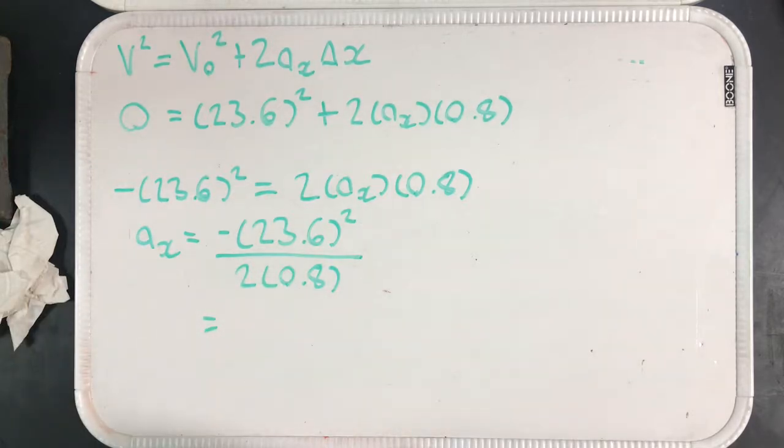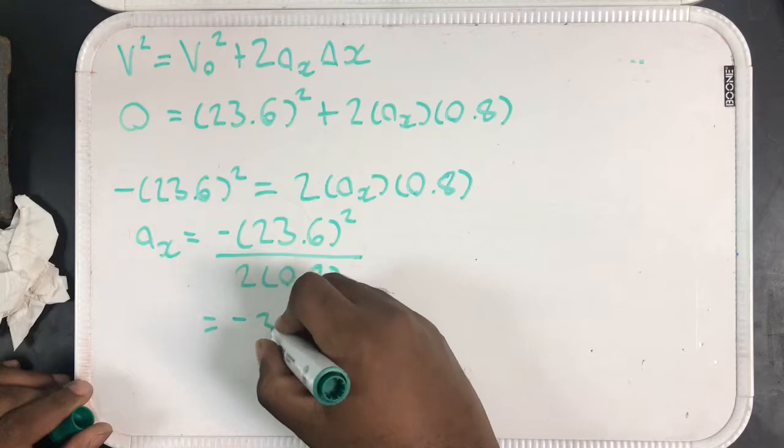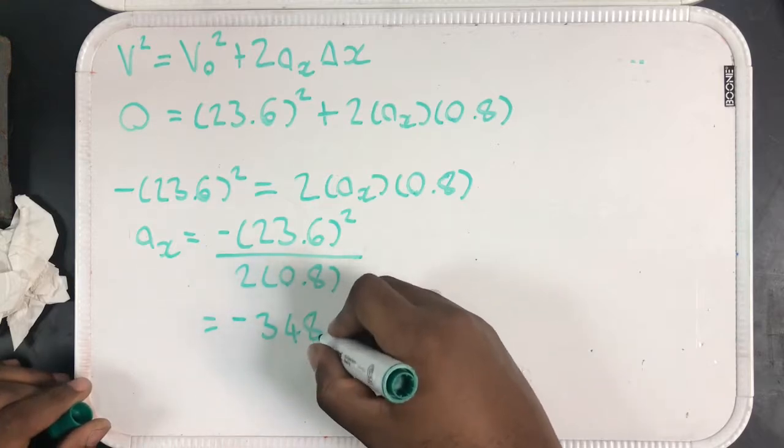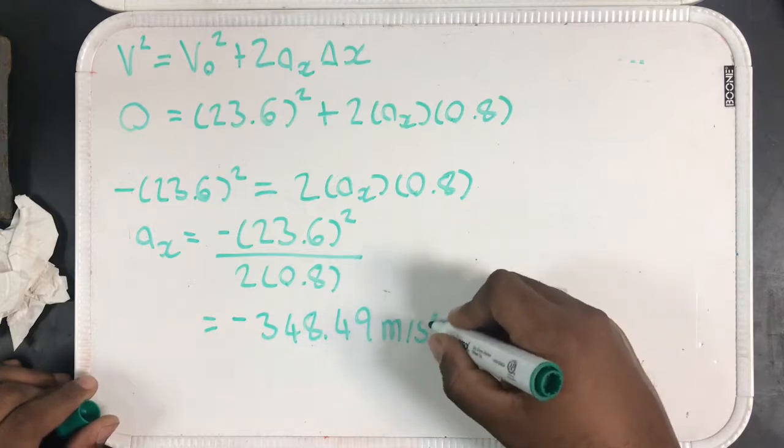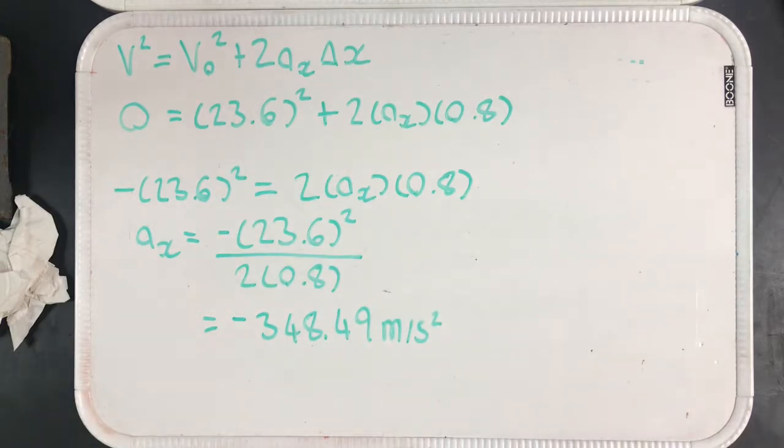And this gives us a whopping 348.49 meters per second squared. And the negative denotes the direction.